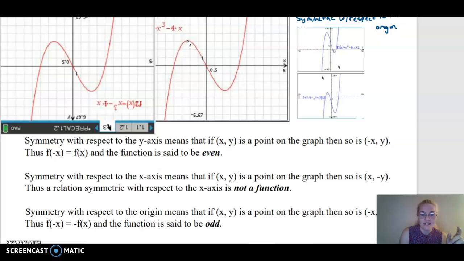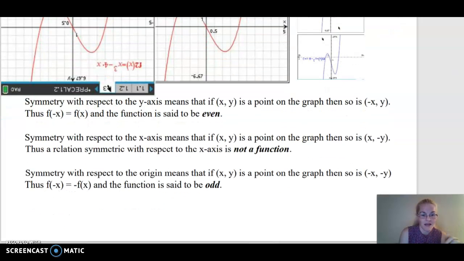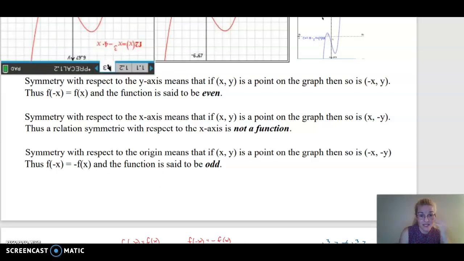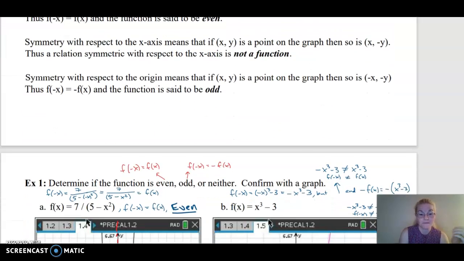But f of 1-ish, come over here, f of 1-ish is -3-ish. So they're the opposite signs. That's what we call odd. Again, I said a relation symmetric with respect to the x-axis is not even a function.